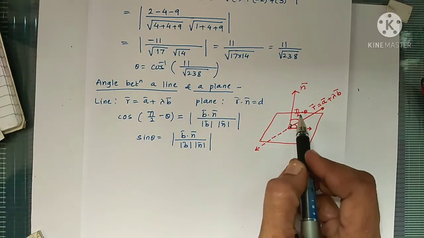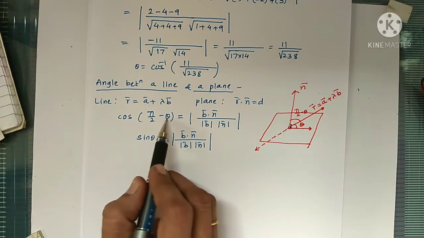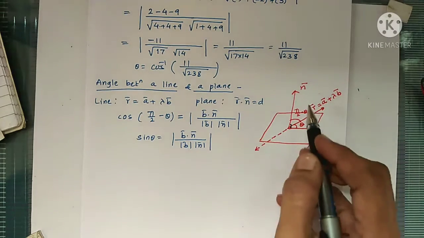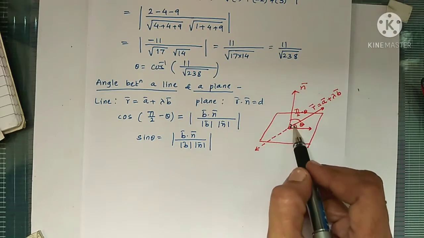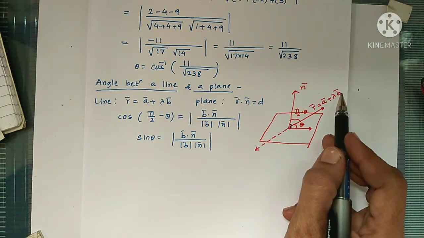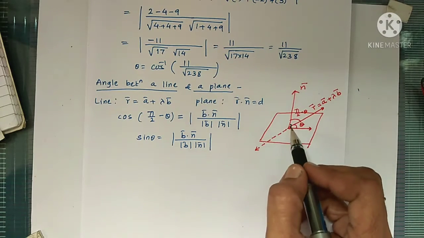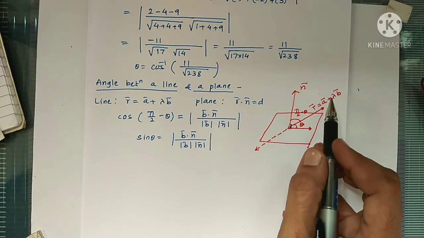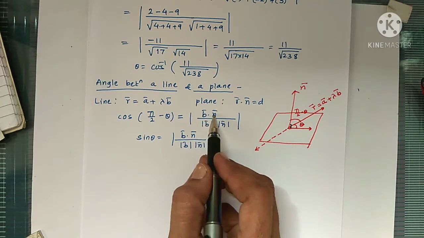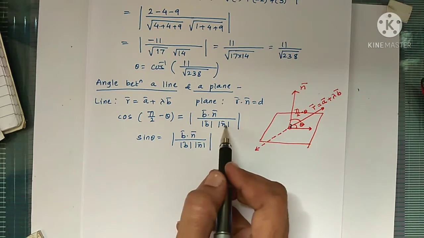Now instead of theta, this angle is pi by 2 minus theta, and this is the angle between n bar and this line. But the line is parallel to the vector b bar, so this angle is the same as the angle made by n bar with b bar. That's why we are taking the dot product of b bar and n bar here, and in the denominator we have the product of their moduli.